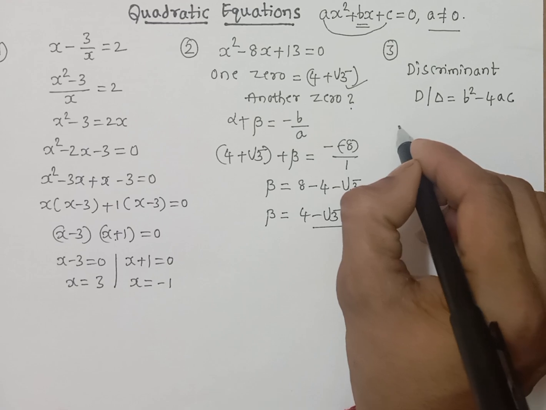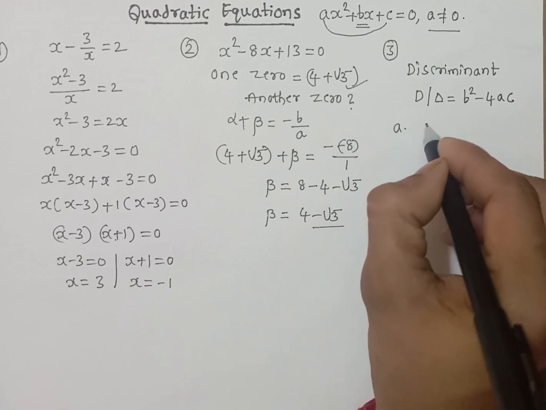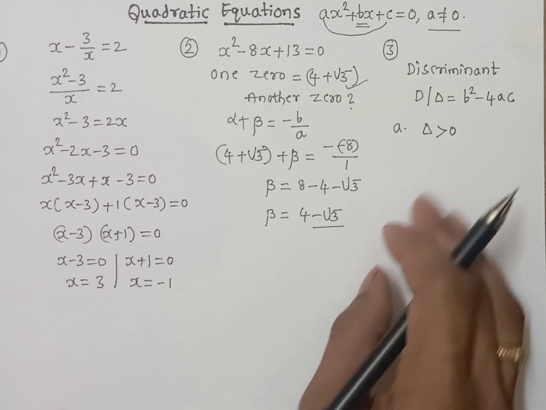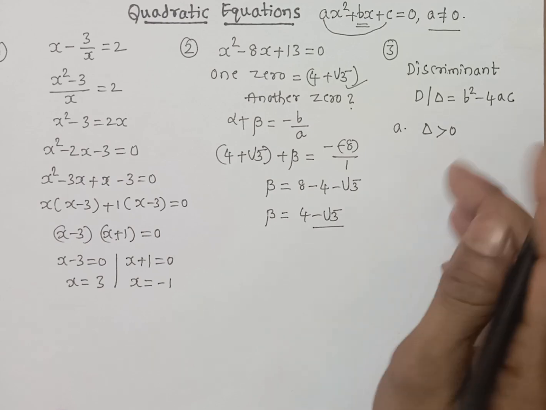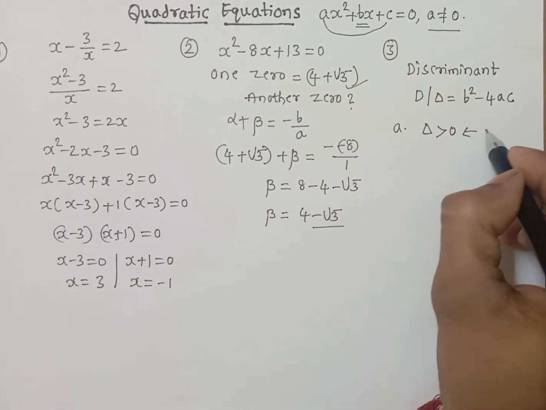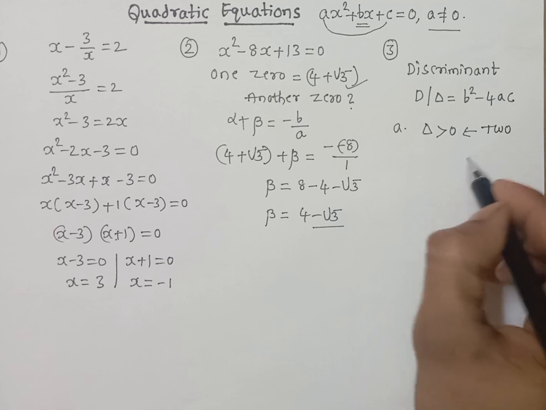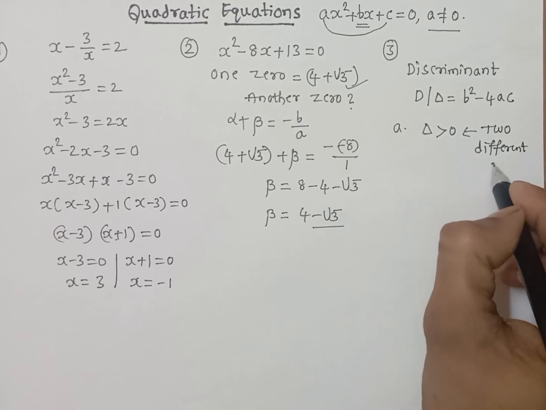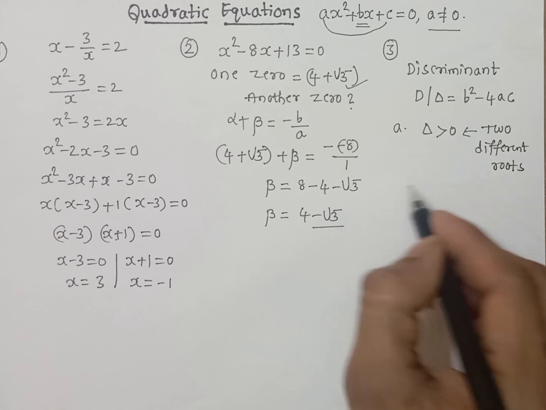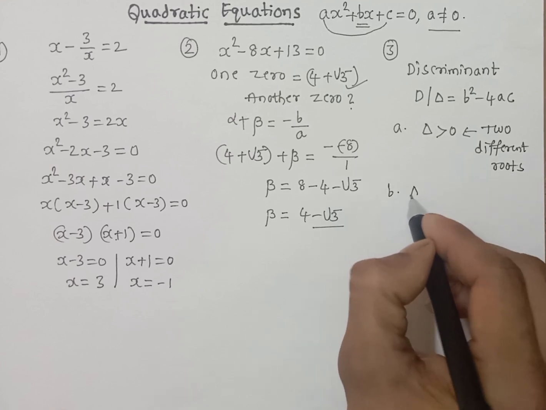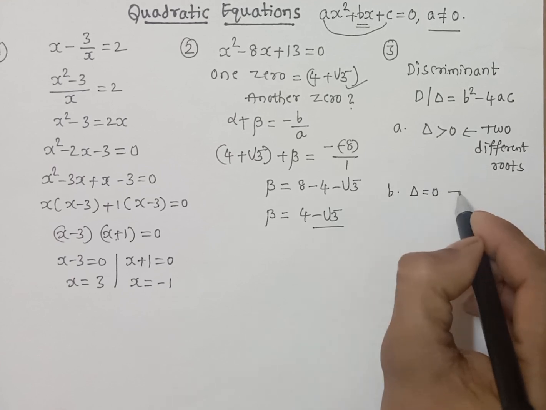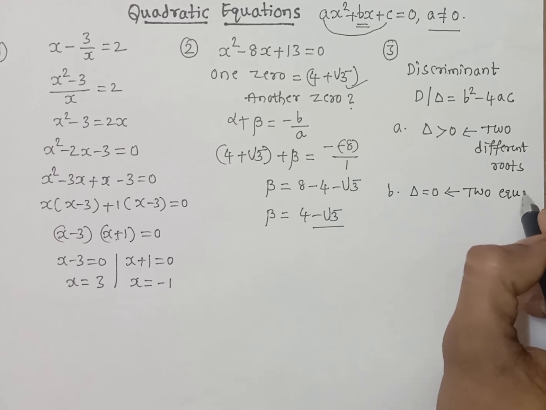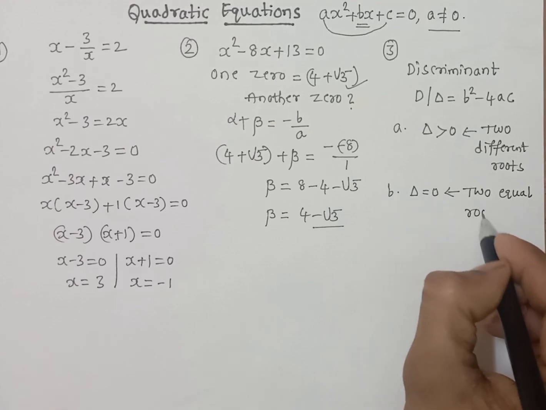The first condition: whenever the discriminant is more than 0, if we get a positive value, then we'll get two different or distinct roots. Suppose it is equal to 0, if the discriminant equals 0, we'll get two equal roots. Two roots will be there, but the two roots are equal.